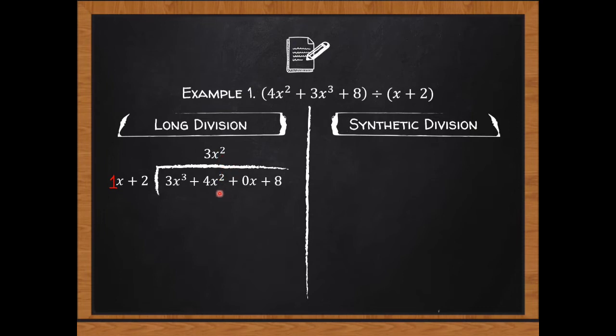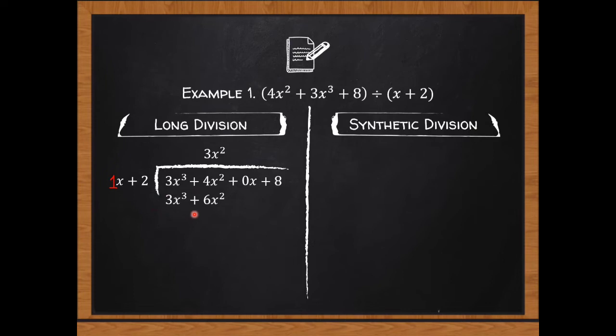After dividing, we can now multiply. Imumultiply po natin si 3x squared kay x plus 2. So 3x squared times x, we will write the answer here, and that is 3x cubed. Then 3x squared times 2, and the answer is positive 6x squared. So nakuha na natin yung product.